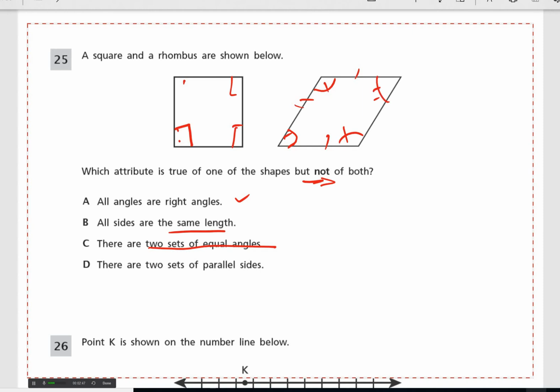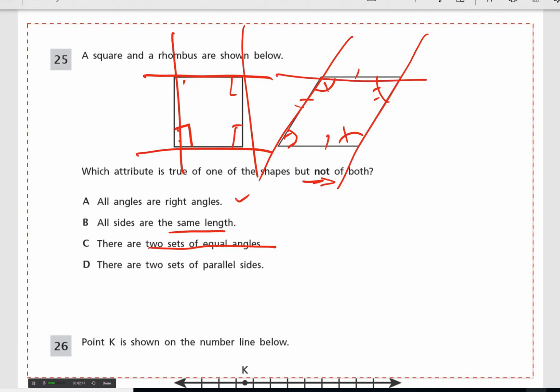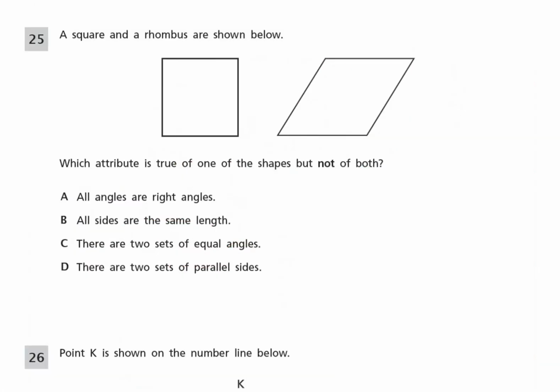So they have two sets of equal angles, and two sets of parallel lines, which is true. The top and the bottom, the left and right, they're all parallel. So they're all correct other than this one, because the second one has no right angle.